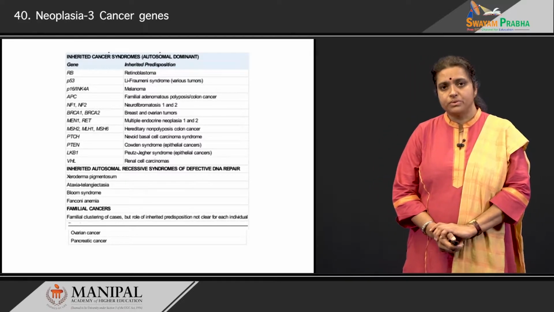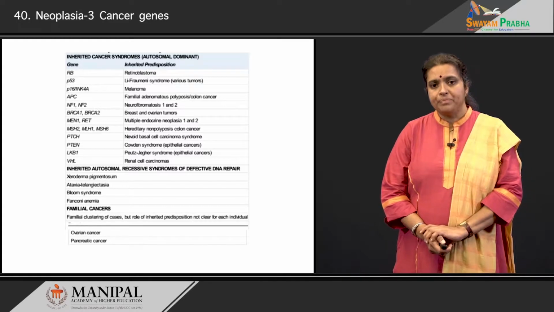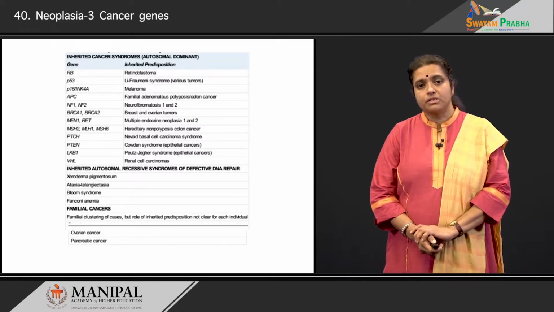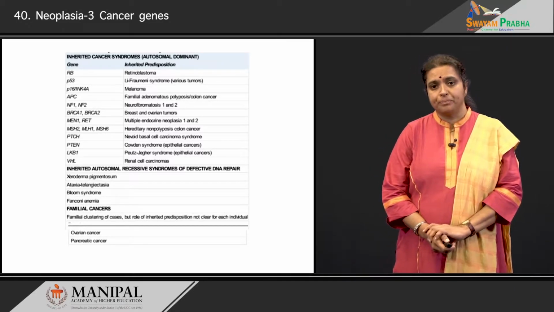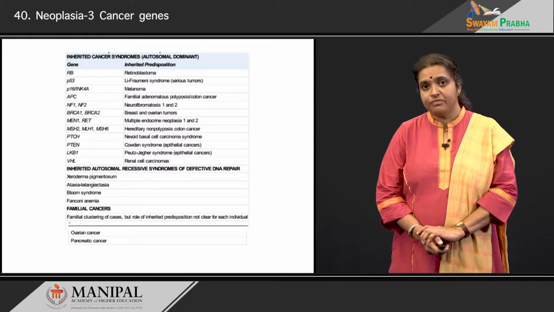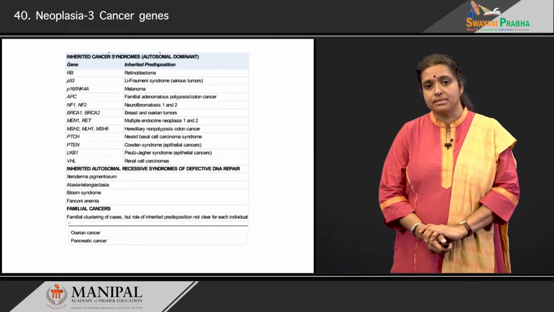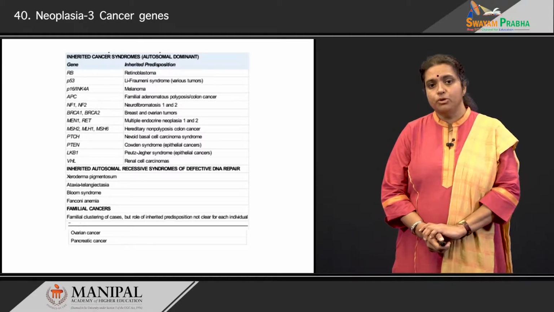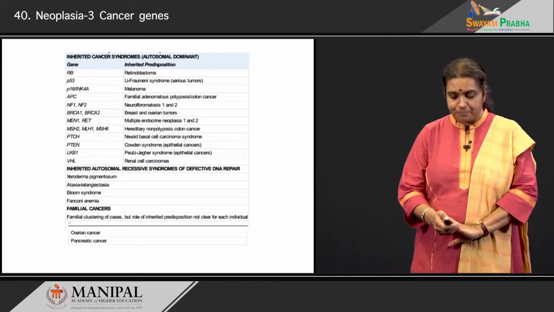Let me not go into each of these in detail. We have VHL in renal cell carcinoma, and we have certain genes that are responsible for DNA repair. If defective, they can lead to various cancers, and these syndromes are xeroderma pigmentosum, Bloom syndrome, and so on.